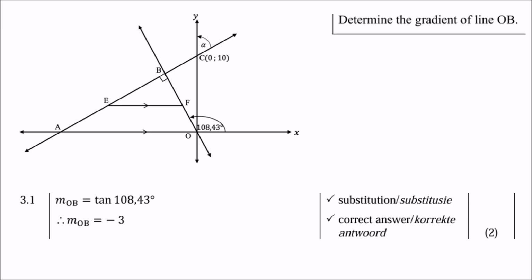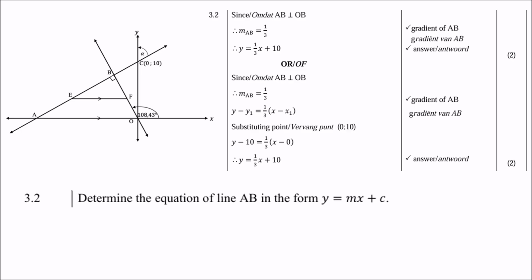Question 3.2. Determine the equation of the line AB in the form y equals mx plus c. Look at AB. See what was given there? Remember, AB and OB are perpendicular, and you remember, if lines are perpendicular, the product of the gradients is -1. So if the gradient of OB is -3, then the gradient of AB will be +1/3.